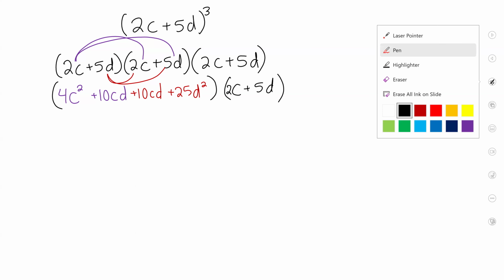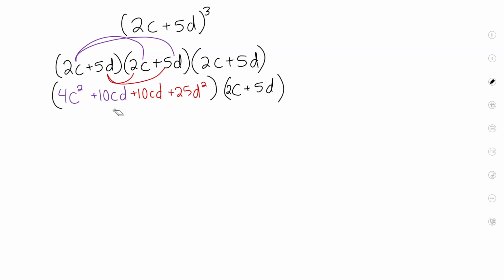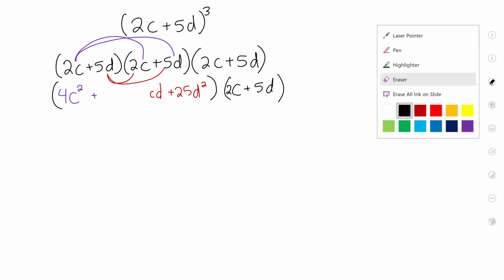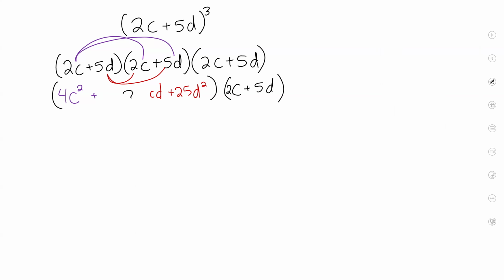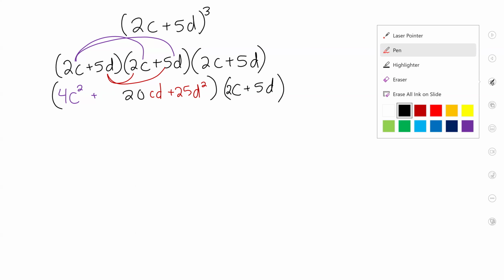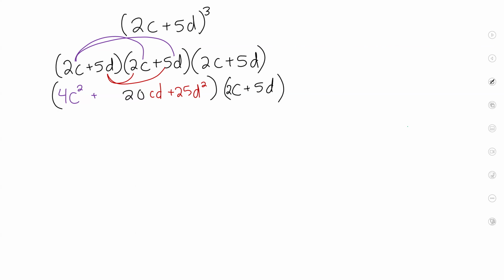Now, before I move on, do you guys see what 10cd plus 10cd equals? Yep, 20cd. So I'm going to write this as 20cd. Okay, great. This makes it a little shorter. Okay, now I'm going to start multiplying again. These two together, 4 times 2 is 8.